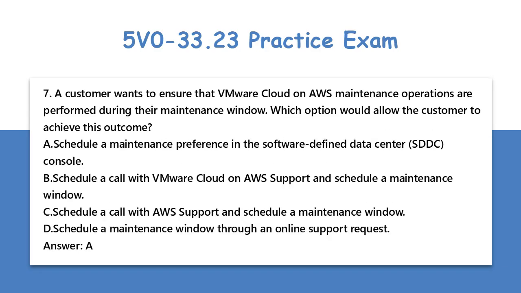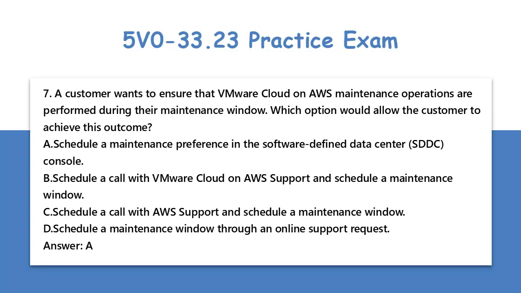7. A customer wants to ensure that VMware Cloud on AWS maintenance operations are performed during their maintenance window. Which option would allow the customer to achieve this outcome? A. Schedule a maintenance preference in the Software-Defined Data Center, SDDC, console.